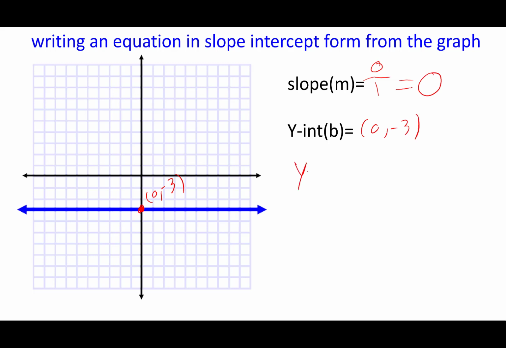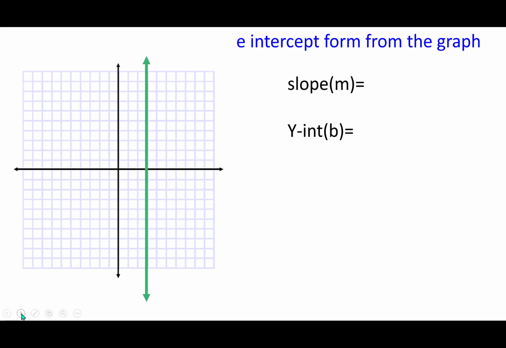So we're going to get y is equal to 0x minus 3. Now I really don't need to write the 0x, so I'm going to write y is equal to negative 3. And the reason we don't need to write 0 times x is because 0 times anything is 0. And when I add 0 or subtract, I get whatever I'm adding or subtracting to 0 out.